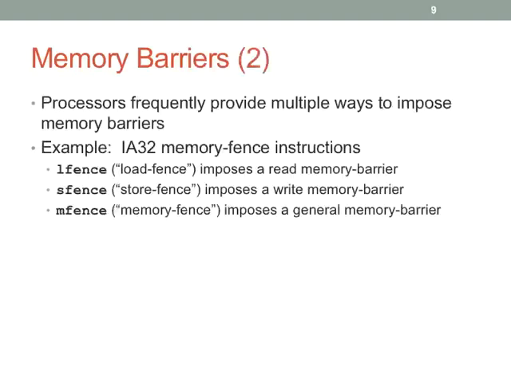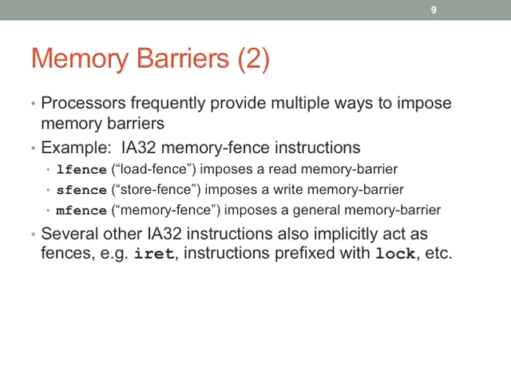So IA32 has three instructions you can use: lfence, sfence, and mfence, which you can use for read, write, or all general purpose memory barriers. But those are not the only ones that actually impose barriers. This is only if you are doing specific things in a specific section of your code.